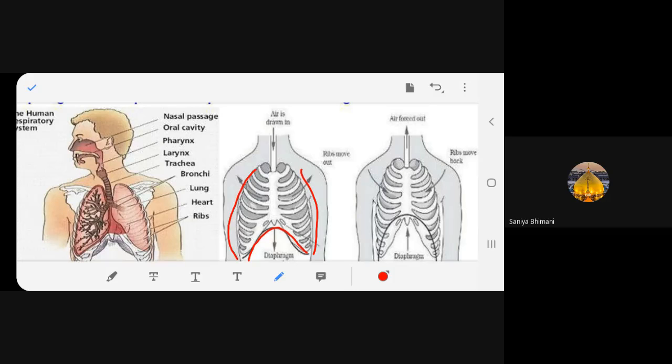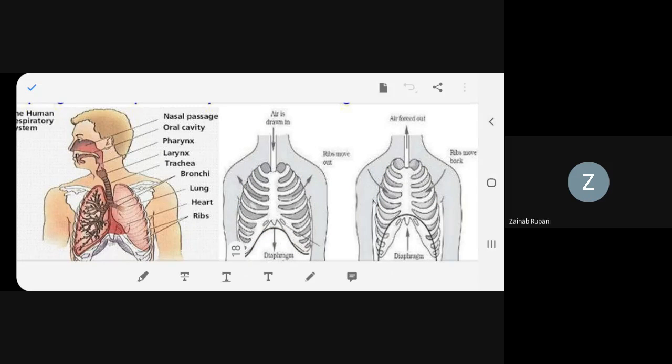Look at the comparison. This is squeezed, this is narrow and this is broad. So ribs move out, giving space for the lungs to expand. So automatically the diaphragm comes down. Then only it can give the space.